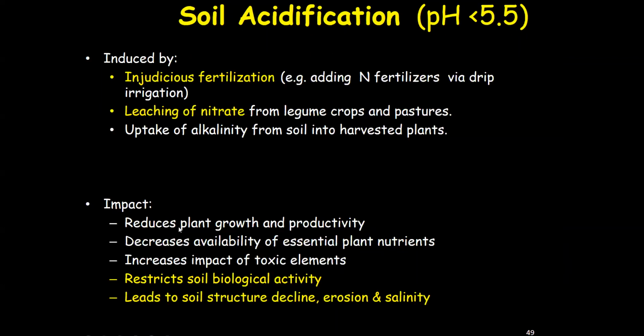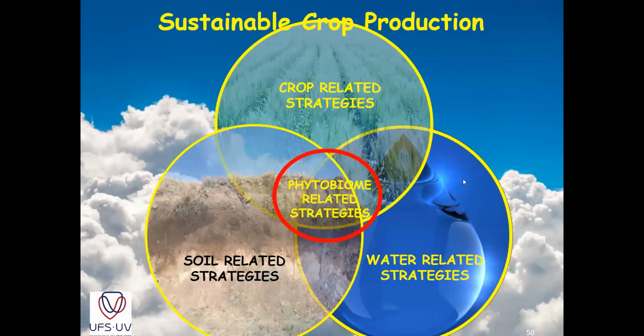The impact of this is that it reduces plant growth, decreases the availability of nutrients, increases the impact of toxic elements, restricts soil biological activity, which is most important, and then will finally lead to soil structure decline, erosion, and salinity. So the question I asked earlier, what lies in the middle of these strategies?